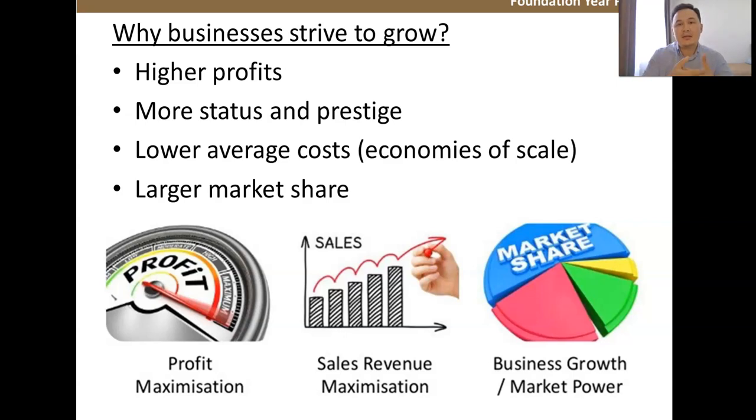Economies of scale is about saving money, reducing the costs. If you remember, one way to increase the profit is to reduce the costs. Now, if you're a large company and you're buying in bulk, then your suppliers will tend to give you a discount for these large amounts.